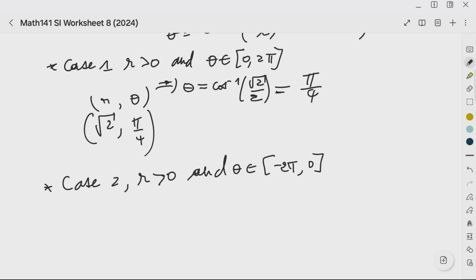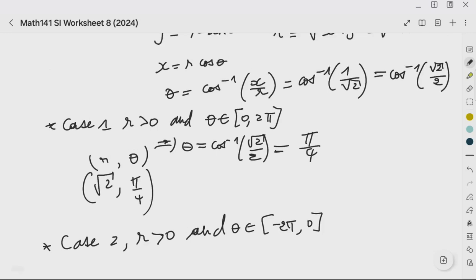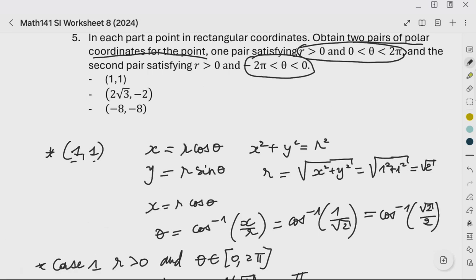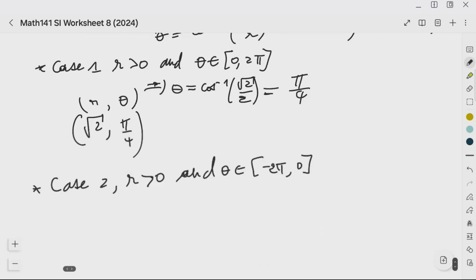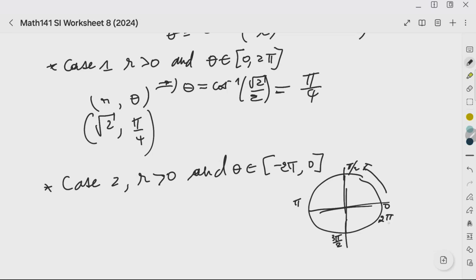In that case, we need to find out, if theta is the angle between negative 2 pi and 0, that would mean, instead of going counterclockwise on the trigonometric circle from 0 to pi over 2 to pi to 3 pi over 2 to 2 pi, we go clockwise.